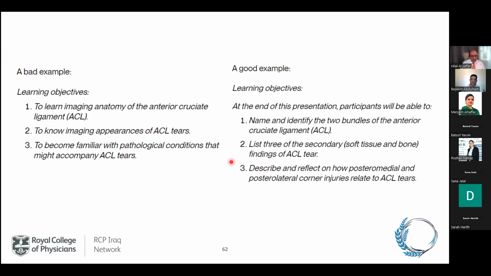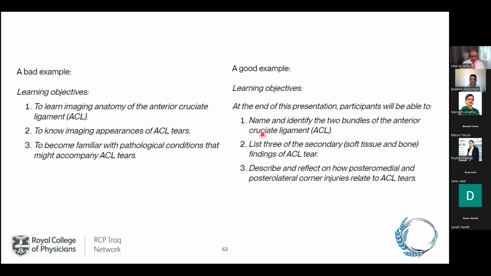A good example, learning objectives. Here in the bad example, we don't have the statement, at the end of this presentation, participants will be able to. This statement is missing. And to learn, also a poor verb. To know, also unmeasurable. To become familiar, also not precise and not a measurable verb.